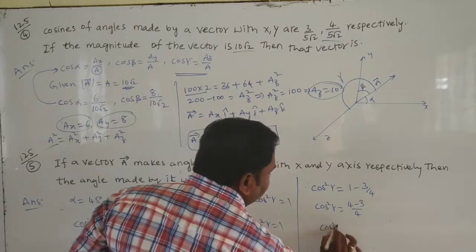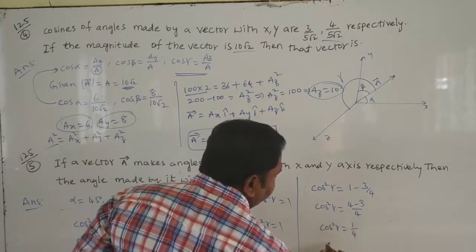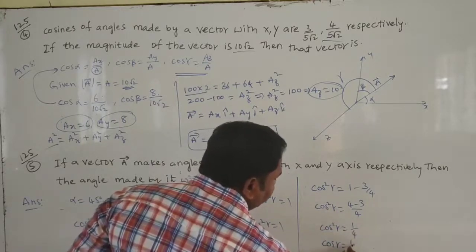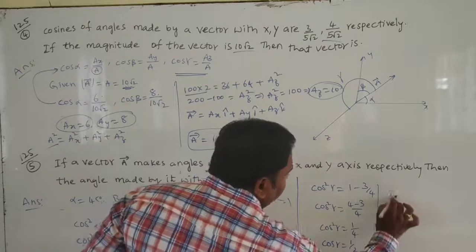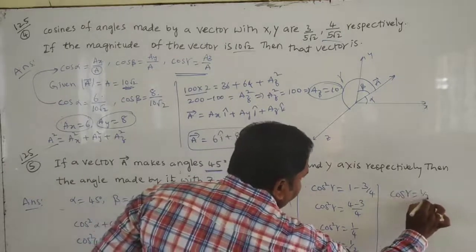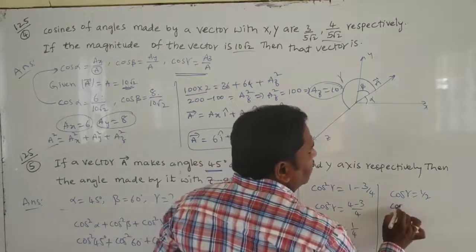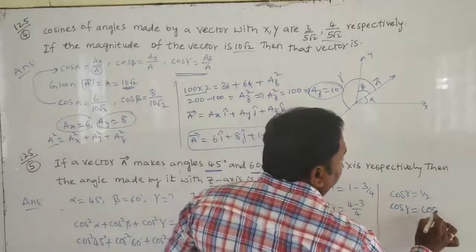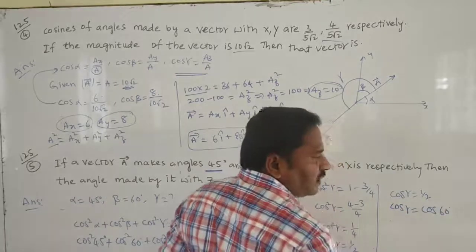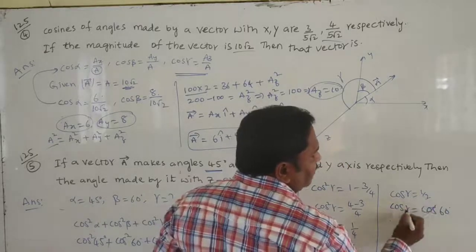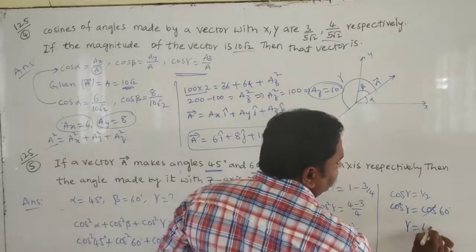So cos gamma equals 1 by 2, which is cos 60. The cos gets cancelled, so gamma equals 60 degrees.